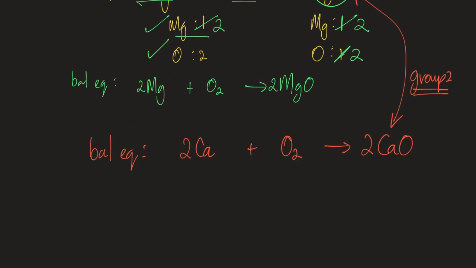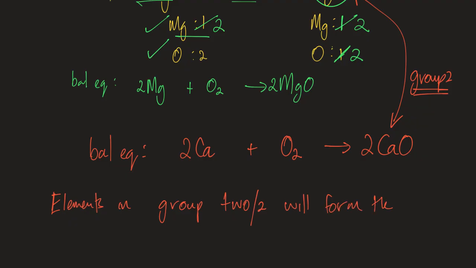So I can say elements in group 2 will form the oxide MO.